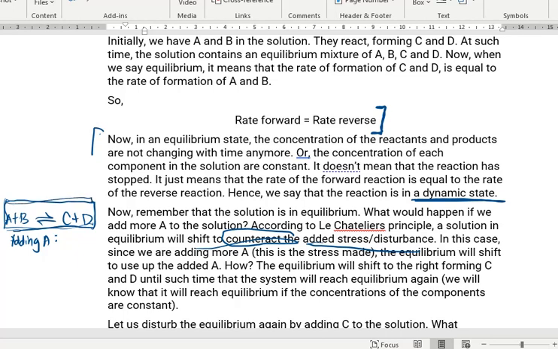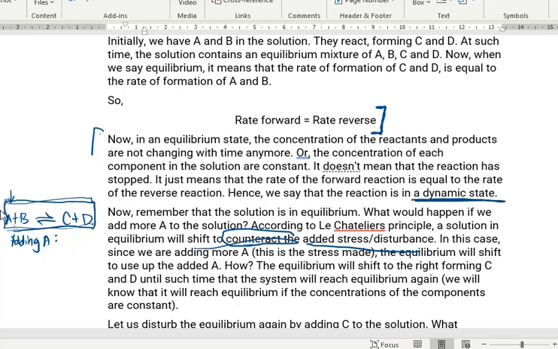So, what would the equilibrium do? According to Le Chatelier, it will counteract the disturbance man. So what will the equilibrium do? The equilibrium will shift so that it will consume the added A. Diba? Kay gipunan man og A, so dapat kuhaon jud niya ang napuno nga A. So how will the system retain the equilibrium?